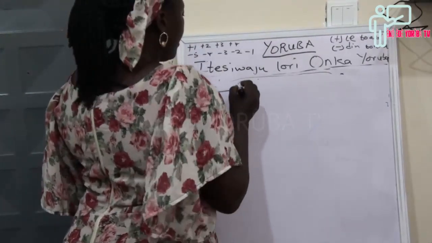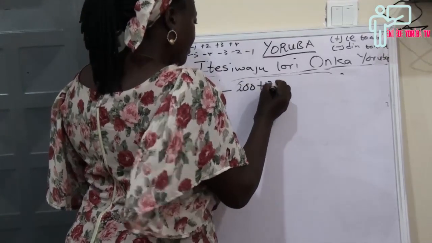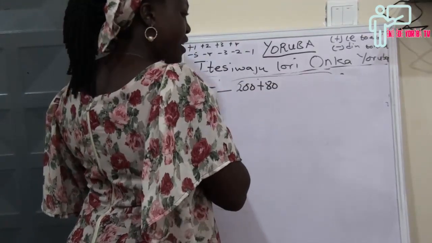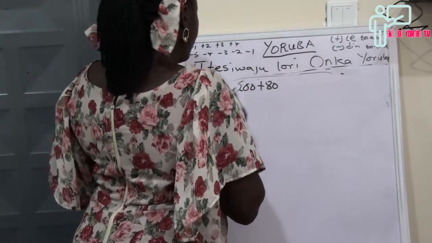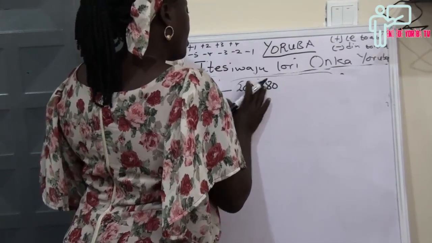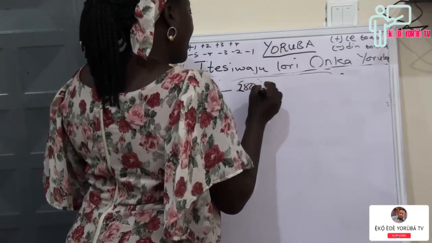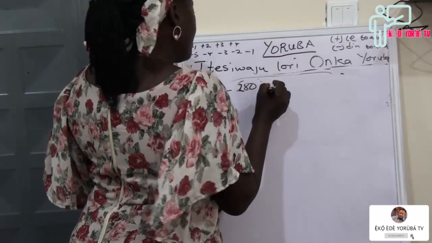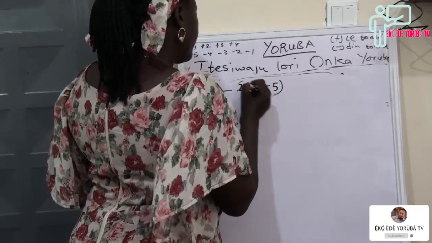Let me write it. You can say 200 plus 80 plus 80. That is 280. You can say 280 minus, okay, 290 minus 5.